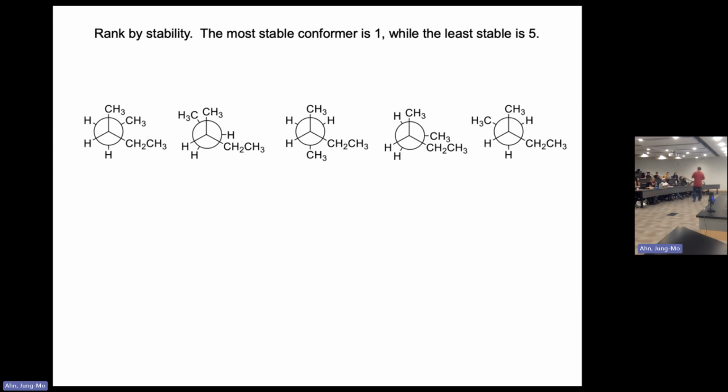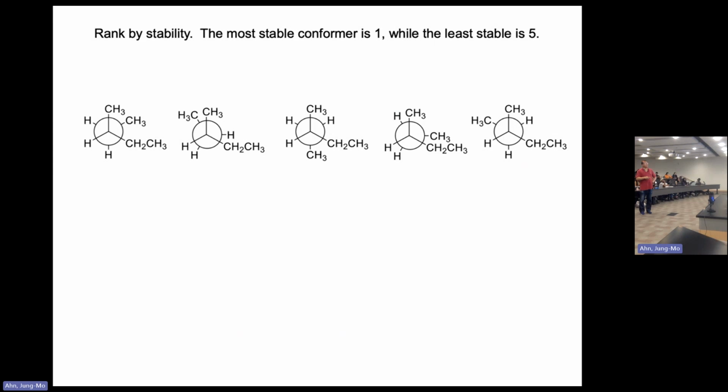Between the staggered and eclipse, I told you which one is more stable. Staggered is more stable than eclipse at any time. And that's a staggered again, that's eclipse, that's a staggered. So we got 3 staggered, 2 eclipse. But let's do the 2 eclipse first.